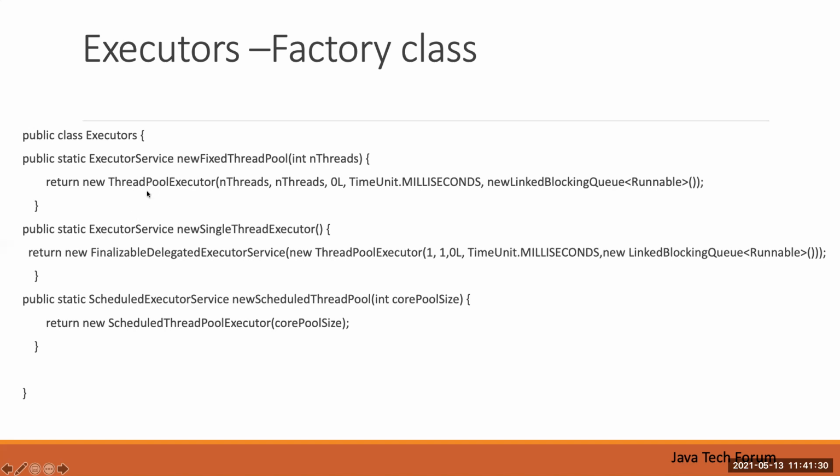Basically, the factory class just creates the object and returns it. Here, this method returns the thread pool without any parameter, meaning everything is defaulted. Then the second one is the scheduled executor.